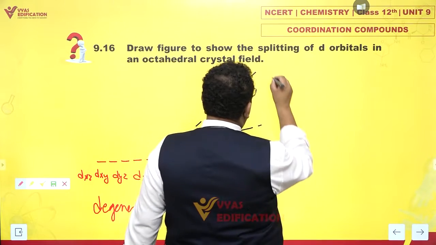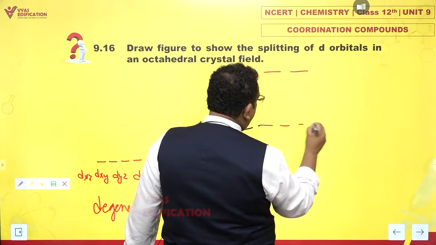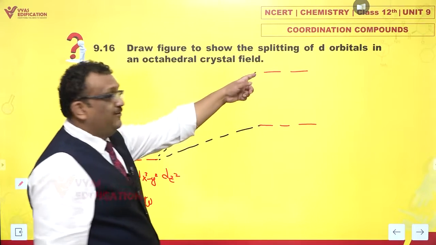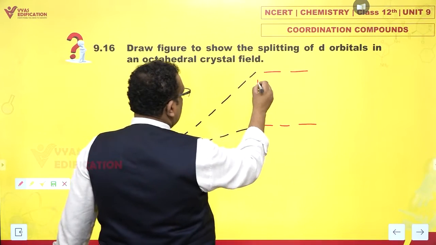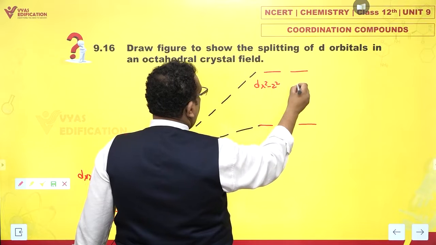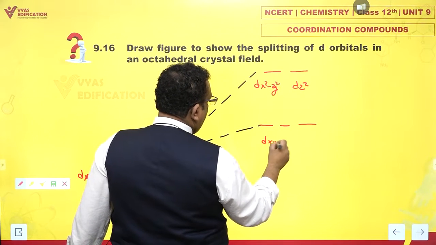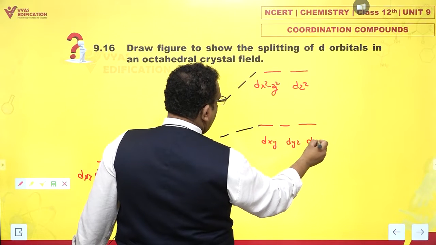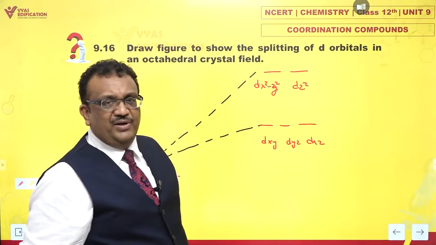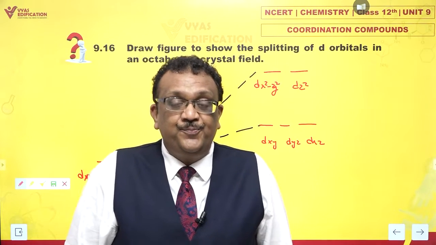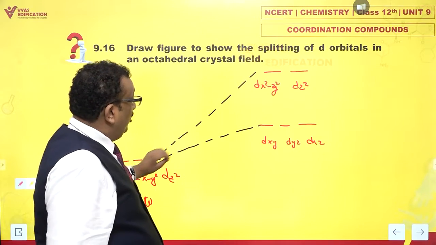For example, two of them are more strongly affected: dx square minus y square and dz square, as compared to dxy, dyz and dxz. They are not equally affected, although all of them are. So you find that they now split.